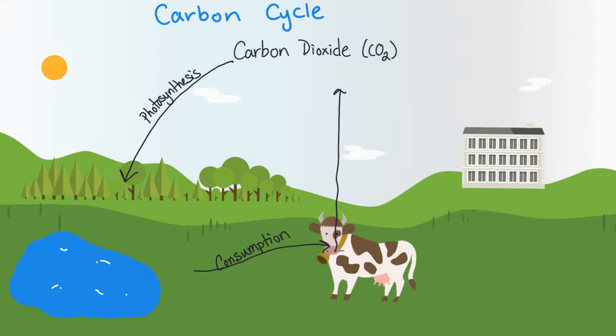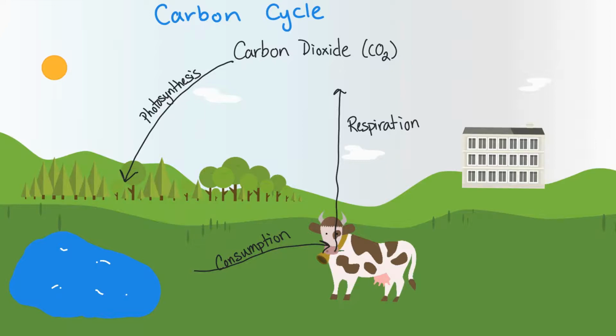We concentrate that carbon dioxide gas in our lungs and then we breathe it out back into the atmosphere. And this is a process called respiration, or cellular respiration. So when that carbon's inside an animal, we breathe out carbon dioxide, and that goes back into the atmosphere. So that's one pathway for the carbon once it's inside an animal.